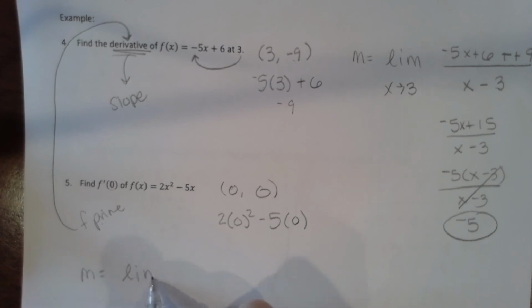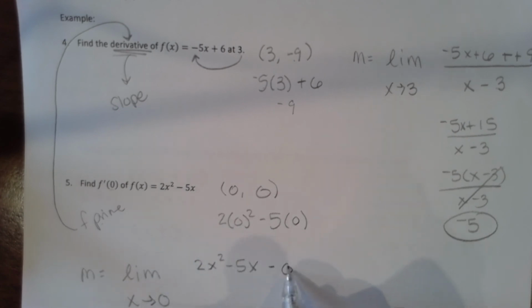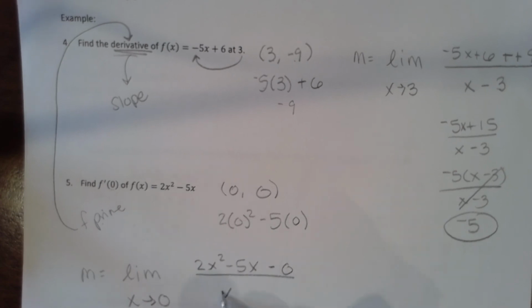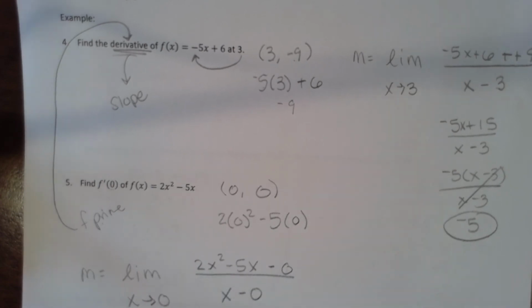Find the slope, the limit as x is approaching 0 of f of x minus f of c all over x minus c. So we have 2x squared minus 5x all over x. We could factor out an x on the top.